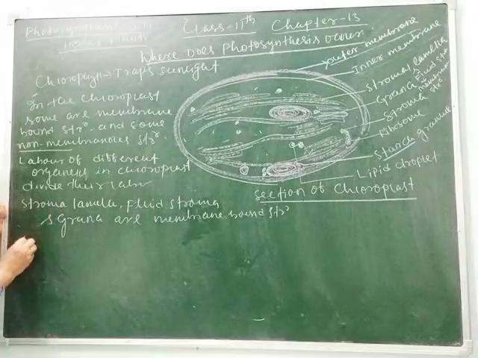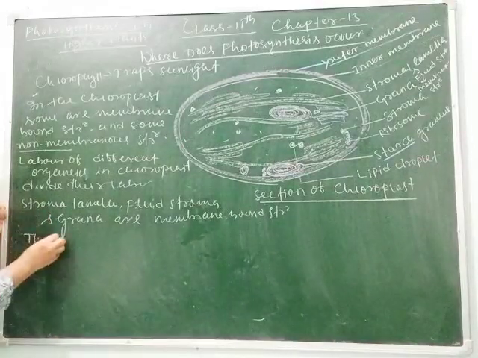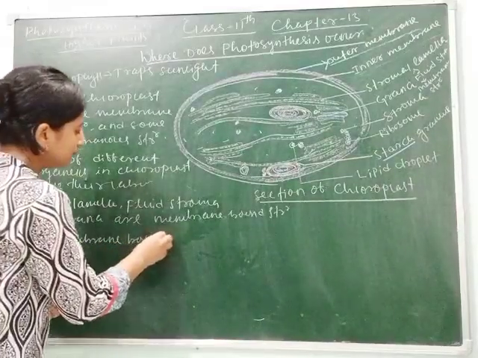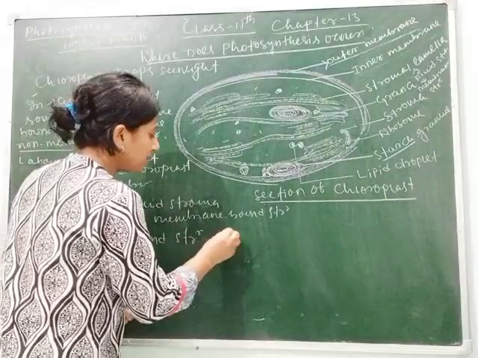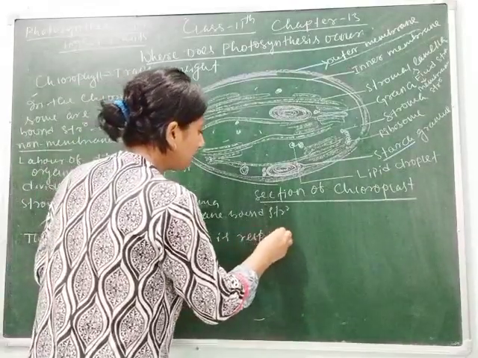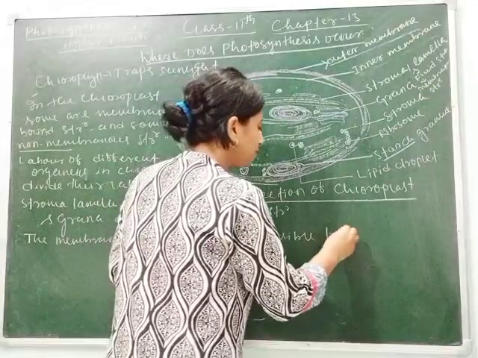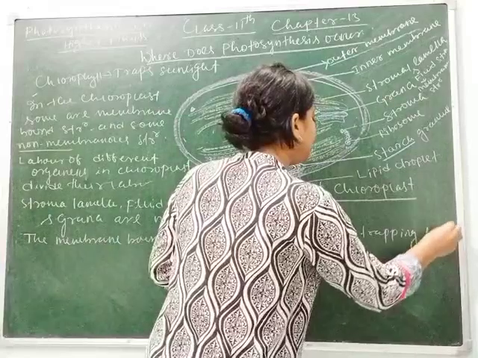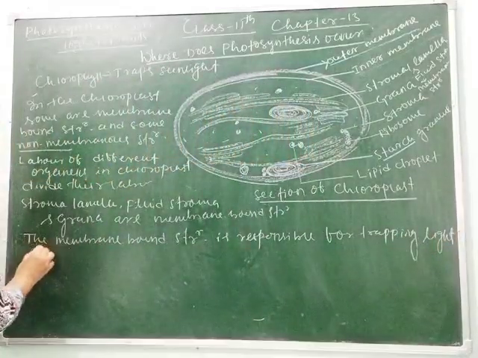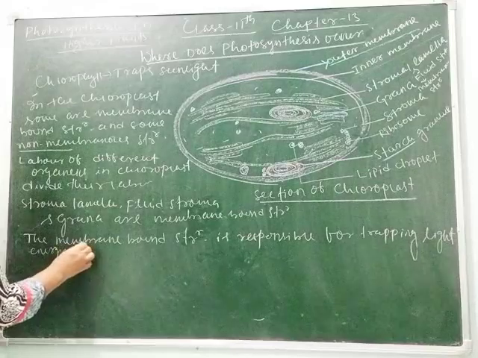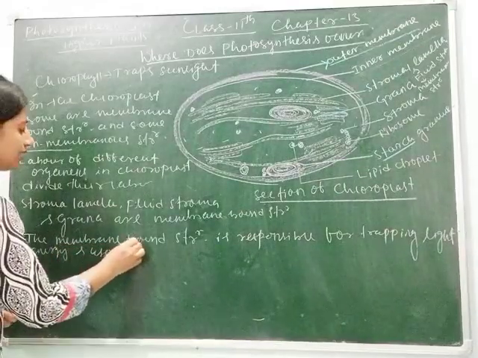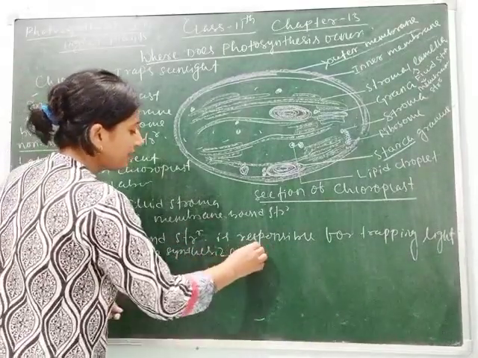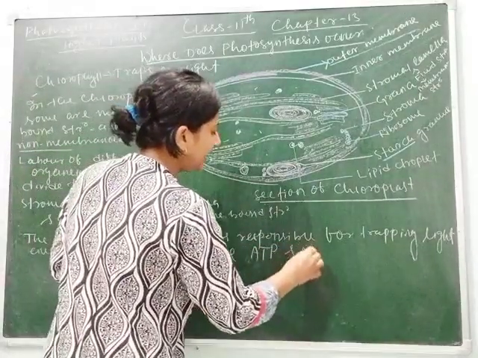The membrane bound structure is responsible for trapping light energy and uses it to synthesize ATP and NADPH.